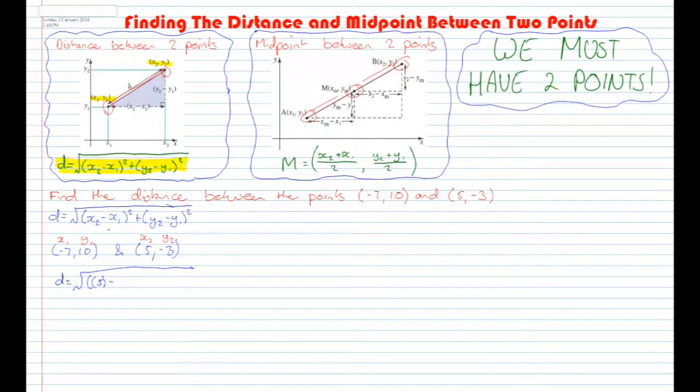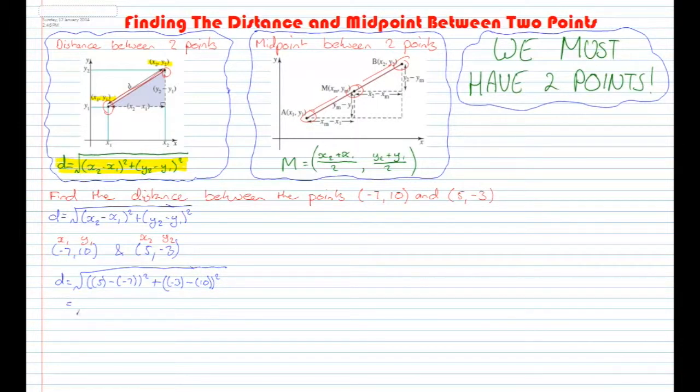minus x1 being -7, all squared, plus y2 being -3 minus y1 being 10, all squared.